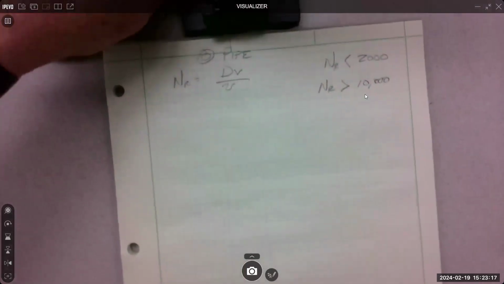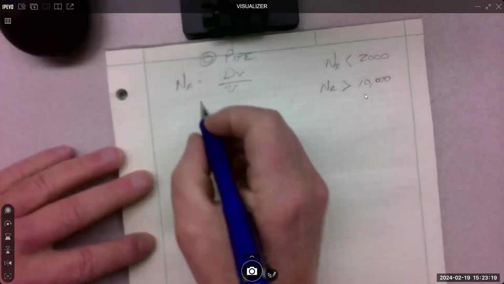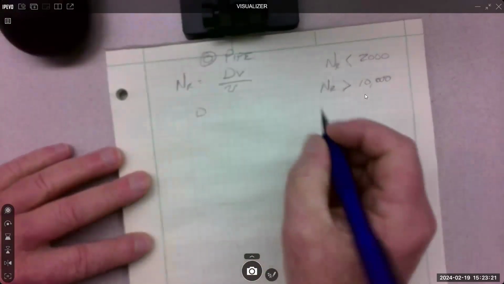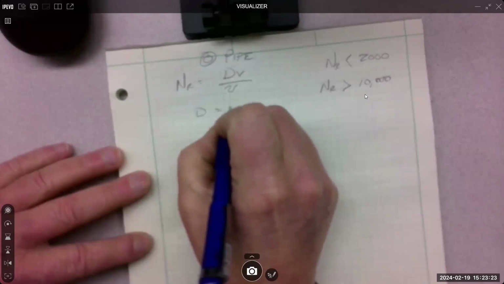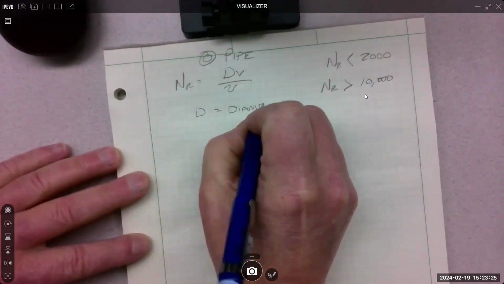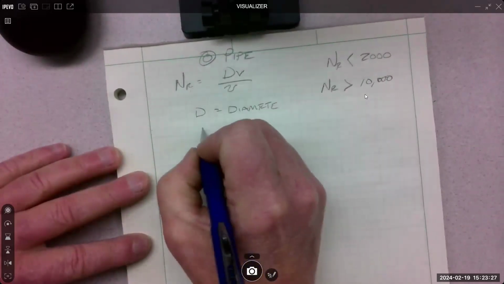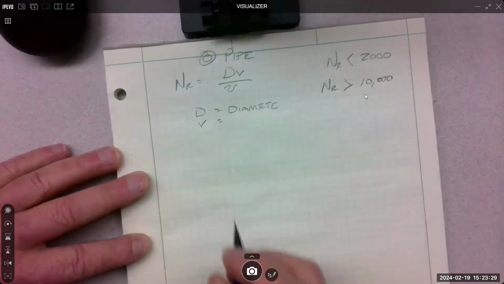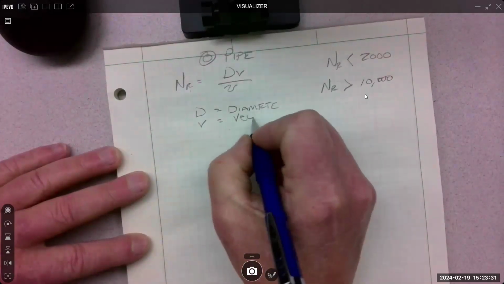It's shown on page 54. N sub R is Reynolds number. Large D is the diameter. And I'll try to be careful with my V. I'll just make a clean V for velocity.